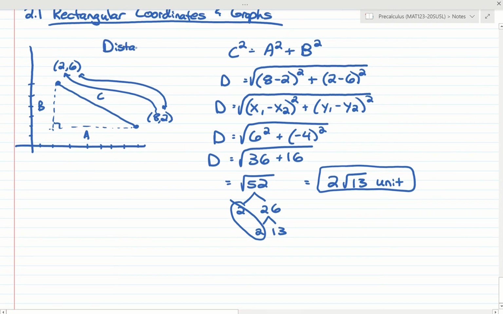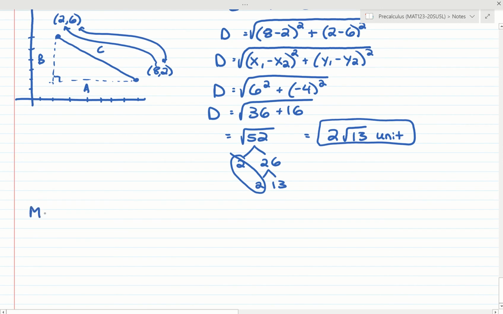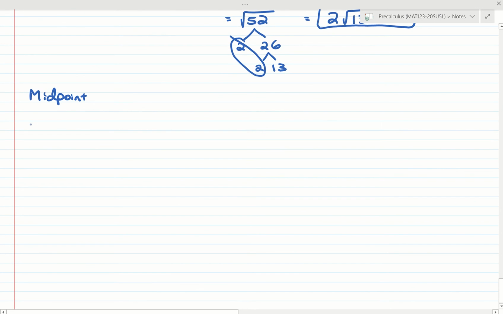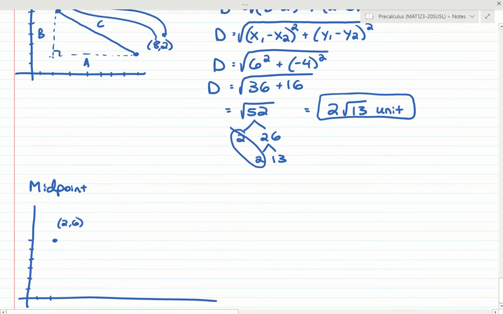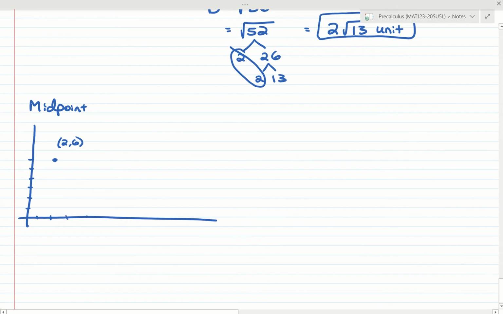midpoint. And we'll find the midpoint of those same 2 points. We had 2, 6. And we had 8, 2. Well, the midpoint would be like right here somewhere, right?